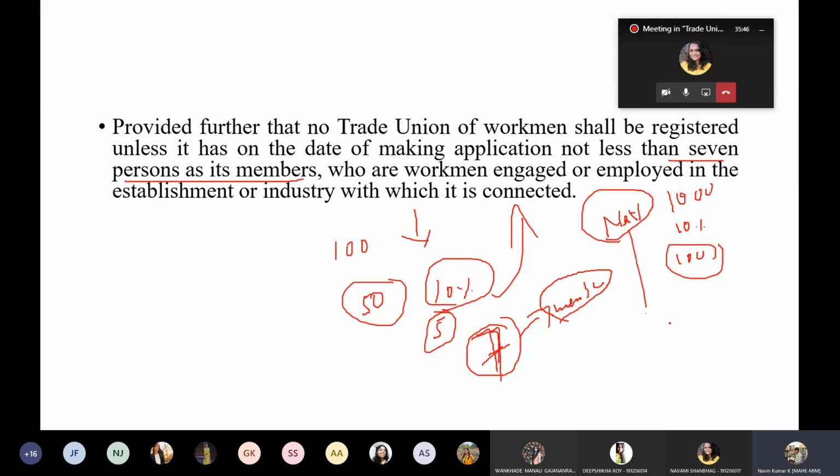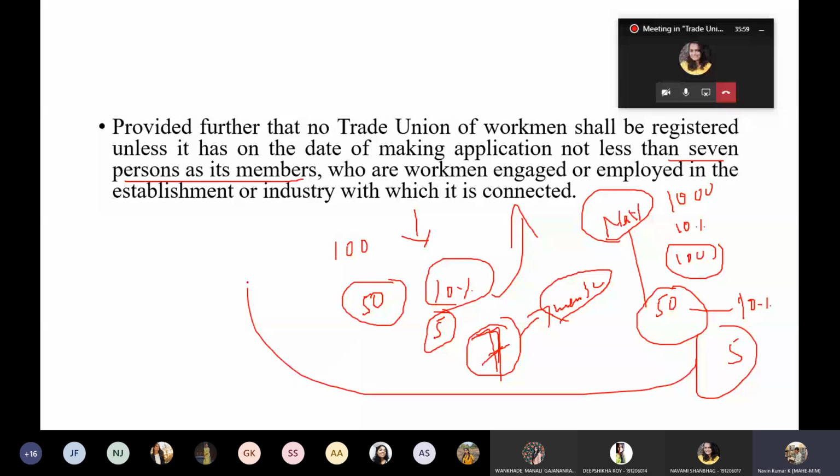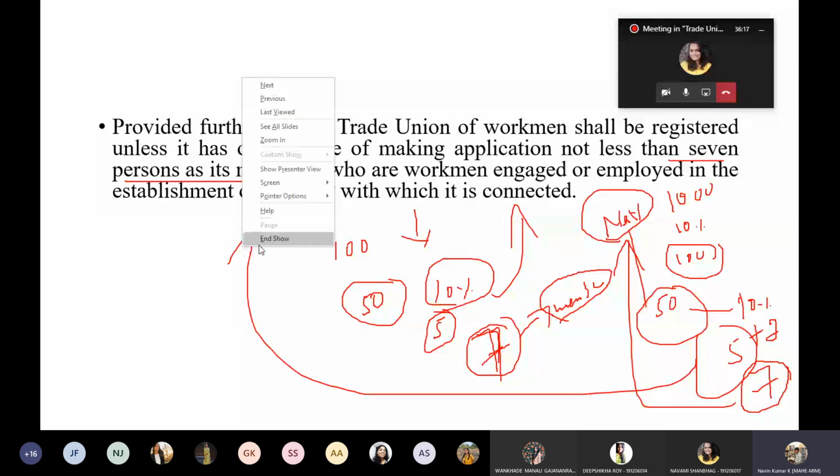Now the natural question comes: where she was working, there are just 50 employees, and 10% of it comes to just 5, and it will not suffice. In order to satisfy this condition, at least she needs to take 5 plus 2, so 7 workmen must be the members of Naomi's union. That's it. So there are 3 conditions here.